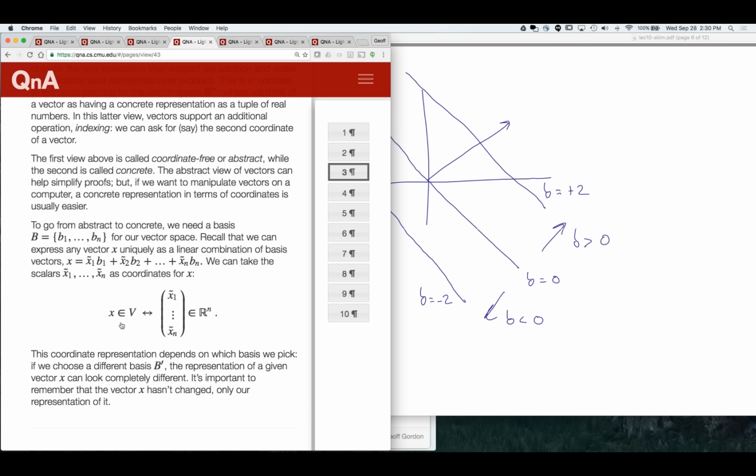And so we have X, which is in our original vector space. It might be a function, a tree, a linear combination of trees. And we have this other vector in Rn, and we're making a mapping back and forth between the two of them. And that mapping is the mapping of giving our abstract vector coordinates. And there's no canonical way to do this, right? Anytime you have a different basis, you get a different set of coordinates, and there's no one basis that's better than any other basis. You just pick a basis and you work in that one. And then you get your coordinates.